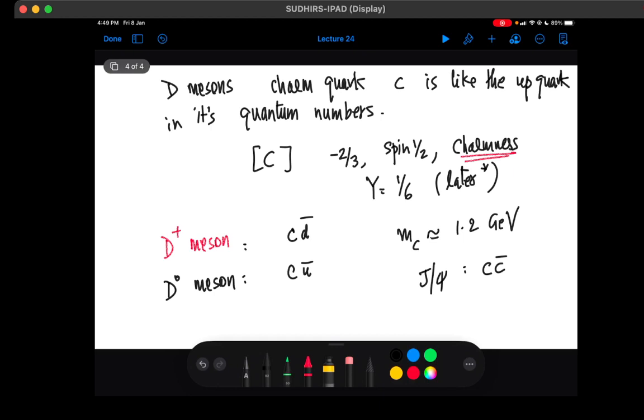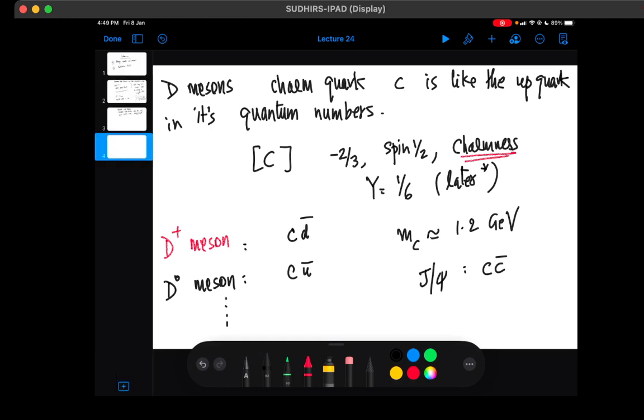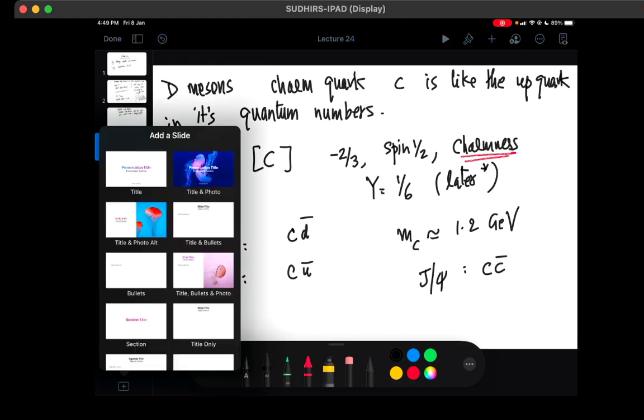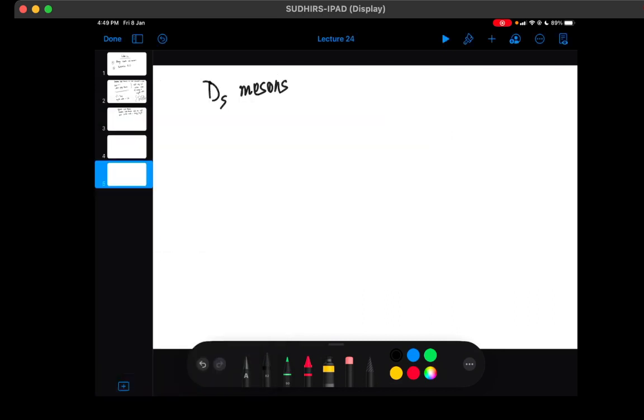Now D mesons, you can construct all of them, and similarly Ds mesons you can also do with c s-bar. That would be Ds plus, and Ds0 would be c... Sorry, that's not Ds1.